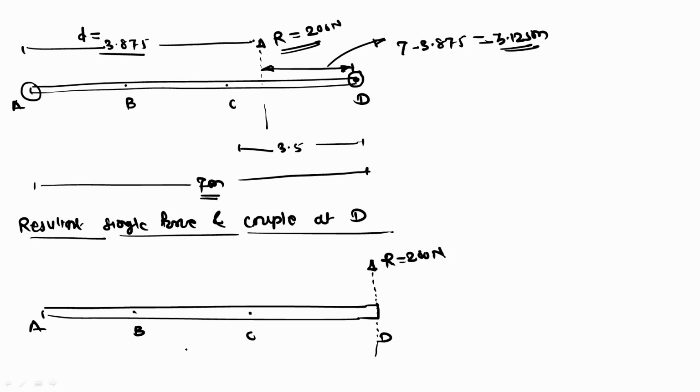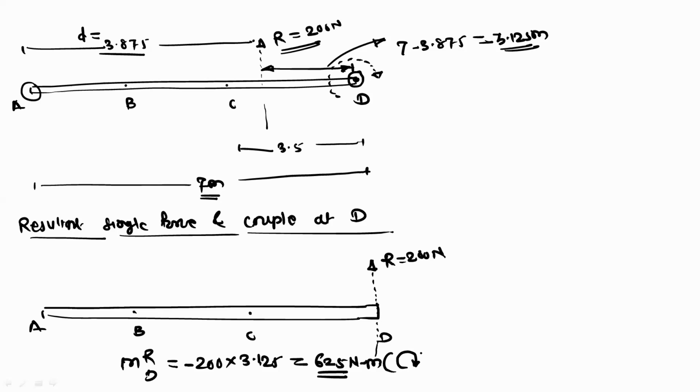Okay. So now take the moment by the resultant about D. It is equal to 200 into 3.125, so it is equal to 625 Newton meter. Okay. And this moment is in the clockwise direction about the point D. So this is negative, or we can write 625 as a positive and show the direction as clockwise.